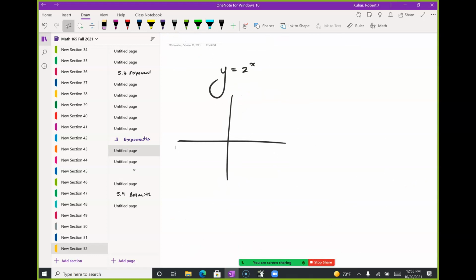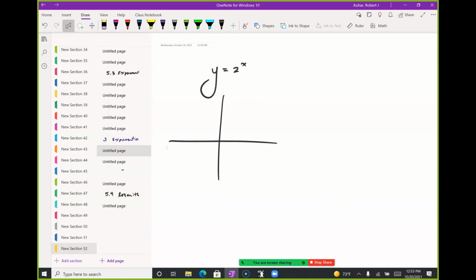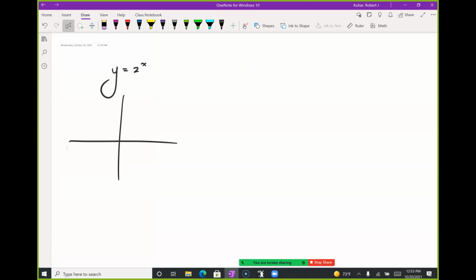So we're going to look at this simple function. Of course, what am I going to do? I'm going to put it in the calculator, right? And clearly I can get some points on this very easily. What's the point right here? What's the x value there? Zero.